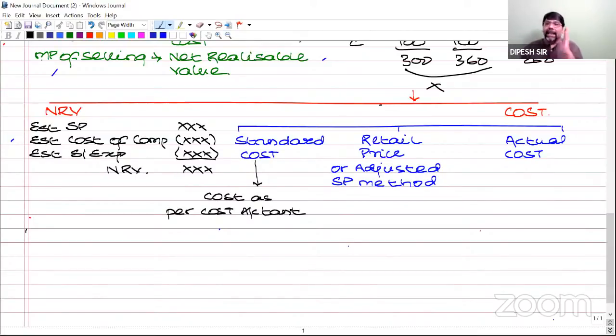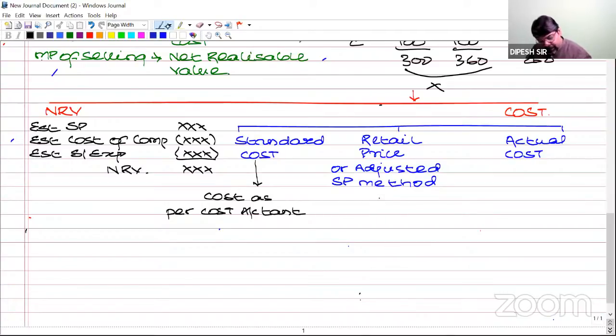I repeat, this method is applicable if there is fixed selling price and fixed GP percent. If closing stock is at selling price minus the GP percent, we'll get closing stock at cost price. Fair enough.